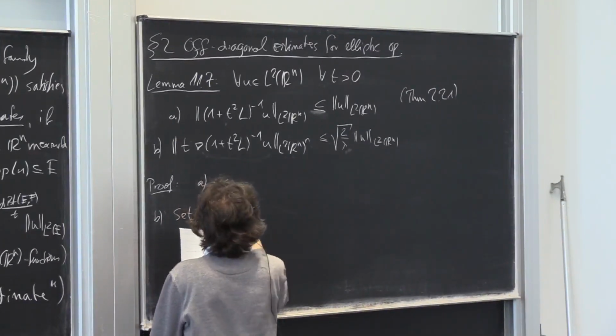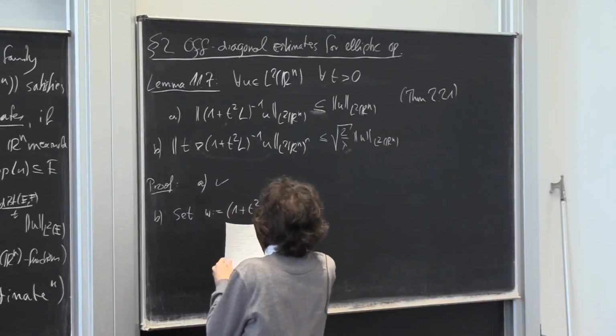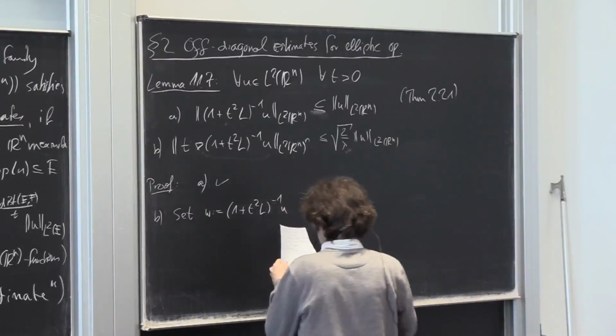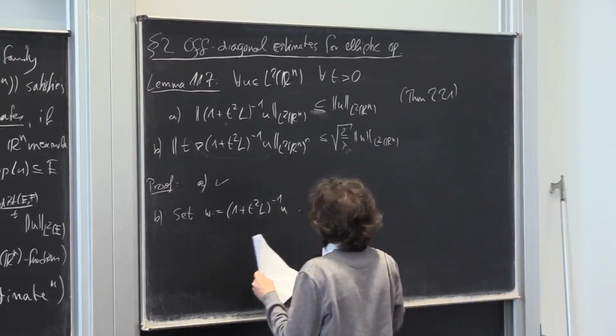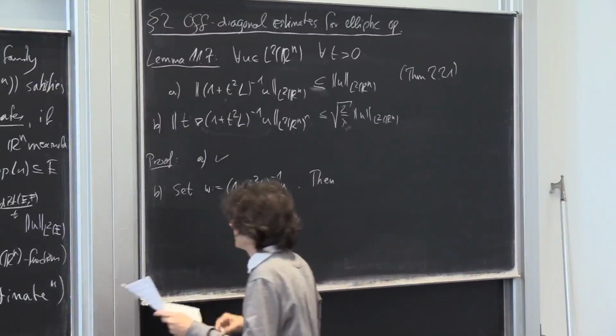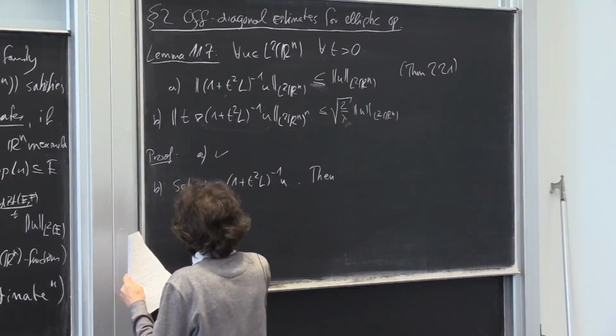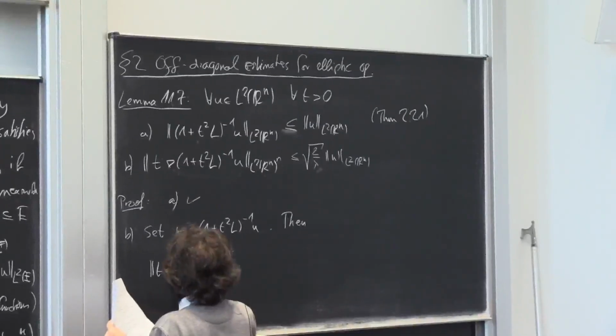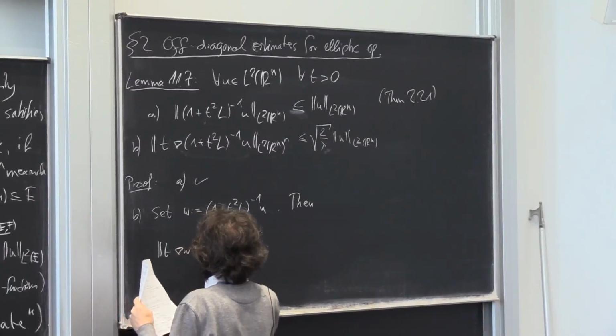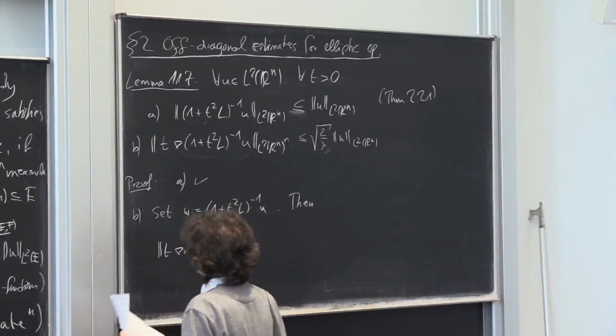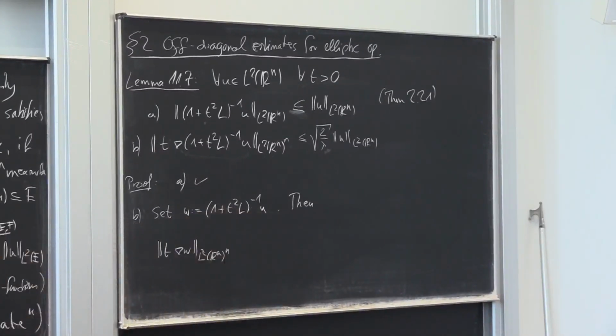So w is (1 + t²L)^-1 u. And then what we want to estimate is the norm of t gradient w in L2(R^n)^n. This is what we want to estimate here.